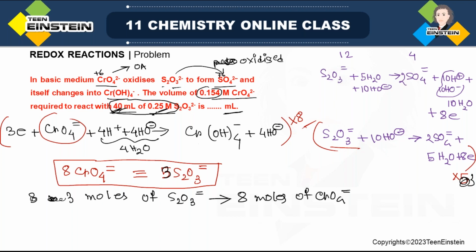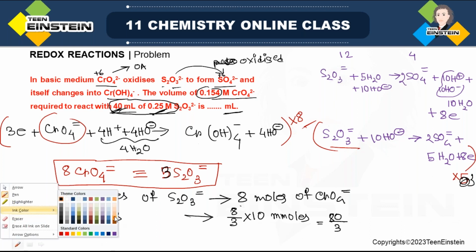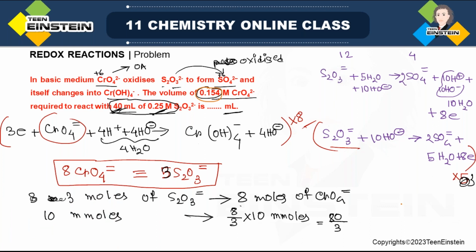So if you multiply 40 and 0.25, 0.25 means 1 by 4. 40 into 1 by 4 is 10 millimoles. So 10 millimoles of S2O3 2- should react with 8 by 3 multiplied by 10 millimoles of CrO4 2-. Now the millimoles of CrO4 2- that we do not know, but this is 80 divided by 3 millimoles, right? Now we know only the molarity, but we do not know the volume.